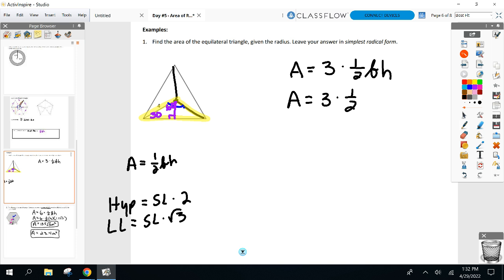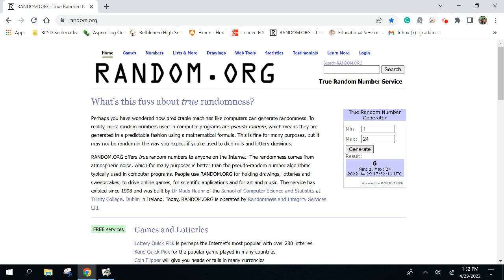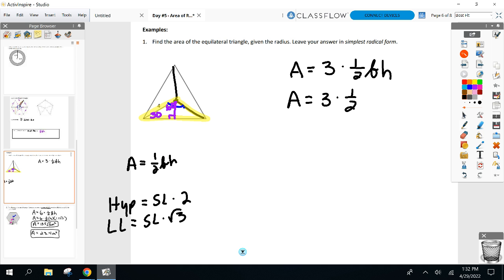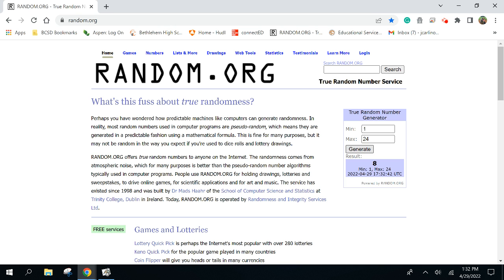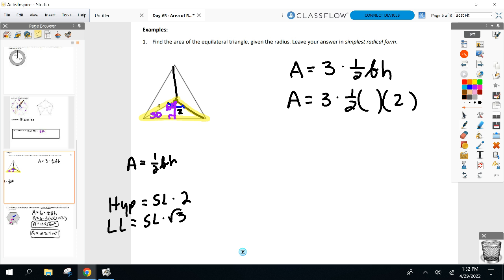So if my hypotenuse is 4, what's my shorter leg? 2, which would be my height. And what's the side across from 60 now? Longer leg would be 2 radical 3.